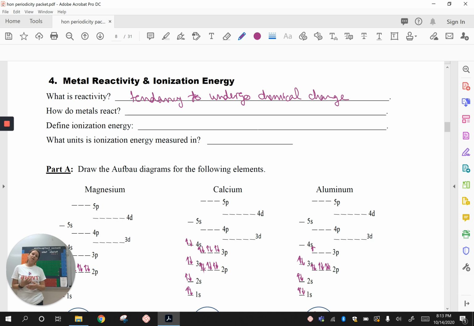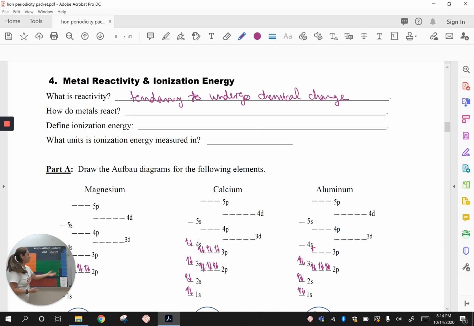Now remember that atoms bond in order to achieve a low energy configuration, a stable electron configuration, like noble gases. Noble gases have these filled sublevels, which makes them low in energy and stable. And so all the atoms want to bond and react in order to achieve a noble gas configuration.